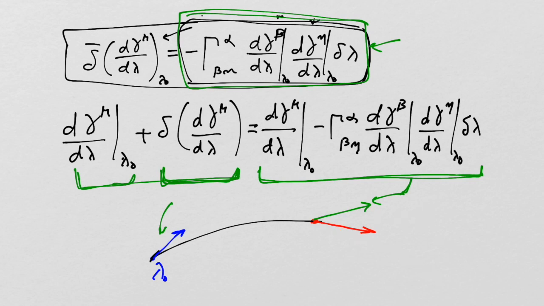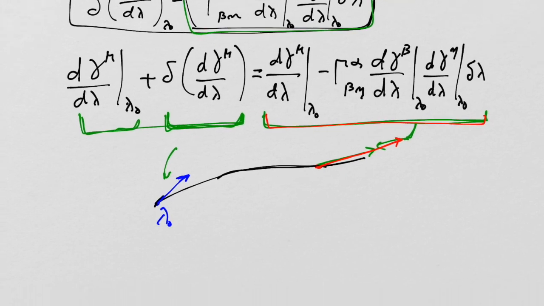But we're not doing that this time. Well, we are in some sense, but what we're saying is that this curve kind of goes like this, and the tangent vector at that point is in the same direction as that. But now at least we know what the parallel transport components are. So now we take those and we're going to compare them to the tangent vector at the new point.